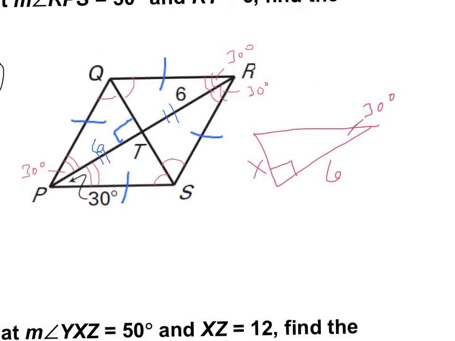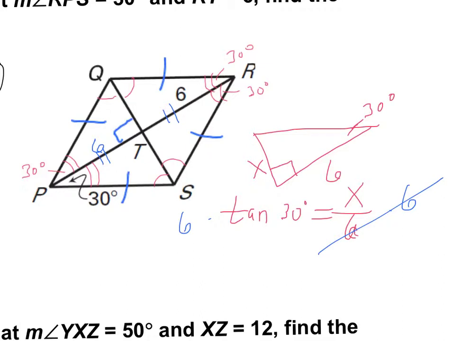We can't use the Pythagorean theorem because we only know one side of the triangle and not 2. So we'll have to use a sine or a cosine or a tangent. When I look at this from the 30 degrees point of view, x would be the opposite, 6 would be the adjacent. And so it's the tangent of 30 that would be opposite over adjacent: x over 6. To solve that, we'll multiply both sides by 6.